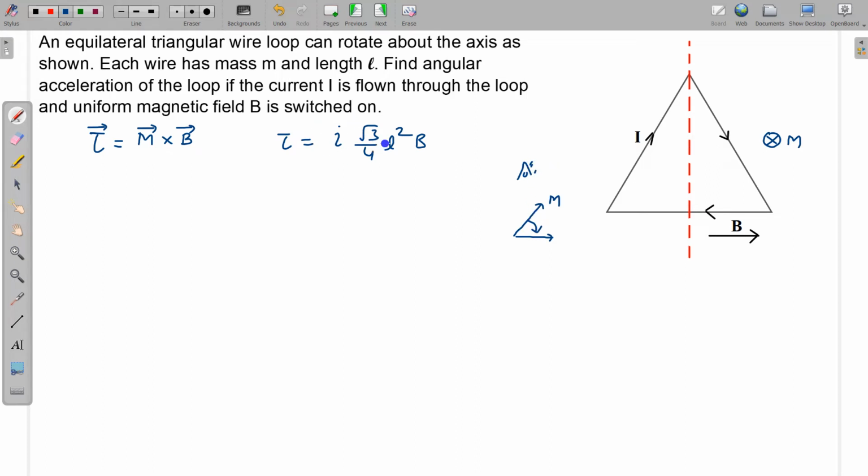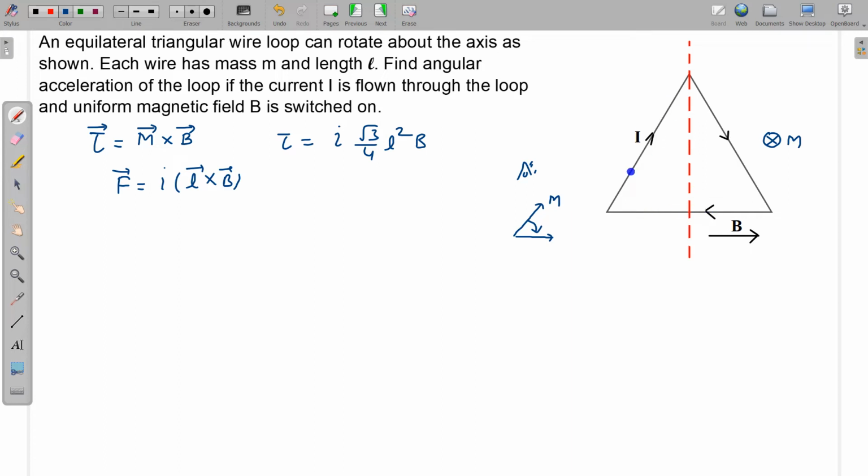This torque can also be calculated using the forces on each wire. This is a uniform magnetic field and each wire is a straight wire, so separately on each wire the force can be given by IL cross B. For this particular wire, L and B are anti-parallel, so there is no magnetic force on this wire.